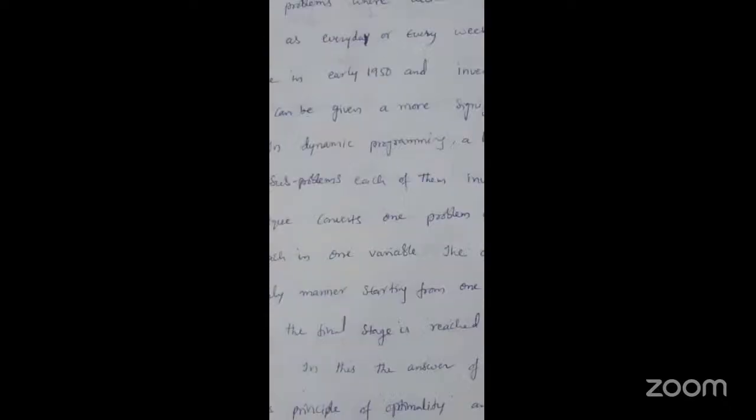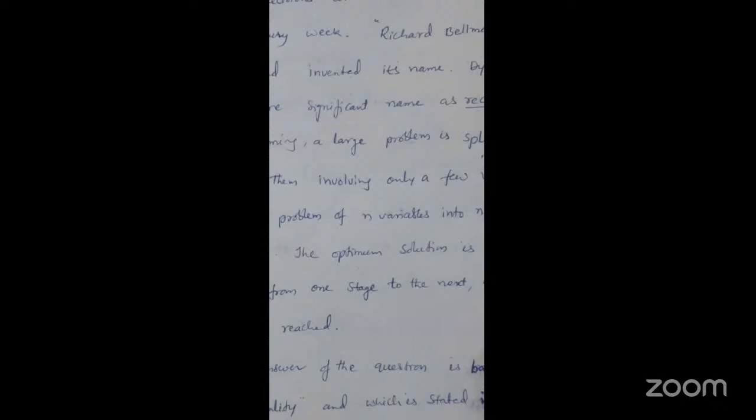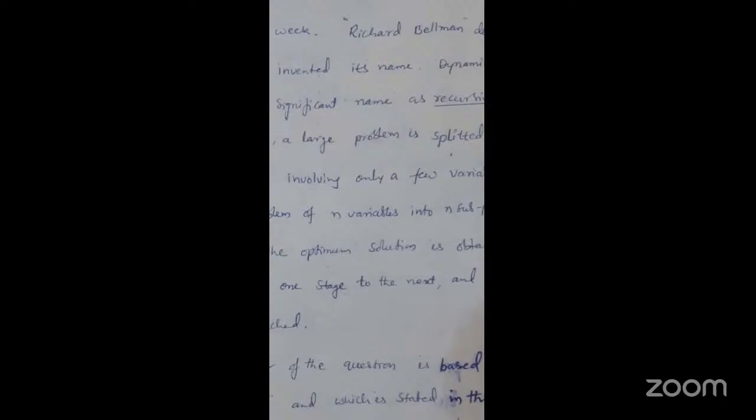In dynamic programming, a large problem is split into small subproblems, each of them involving only a few variables, steps or stages. In each one variable, the optimum solution is obtained, and finally it is completed till the final stage is reached.